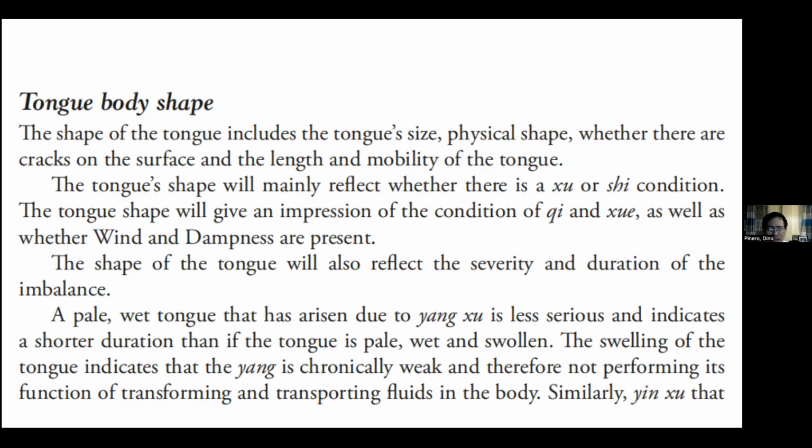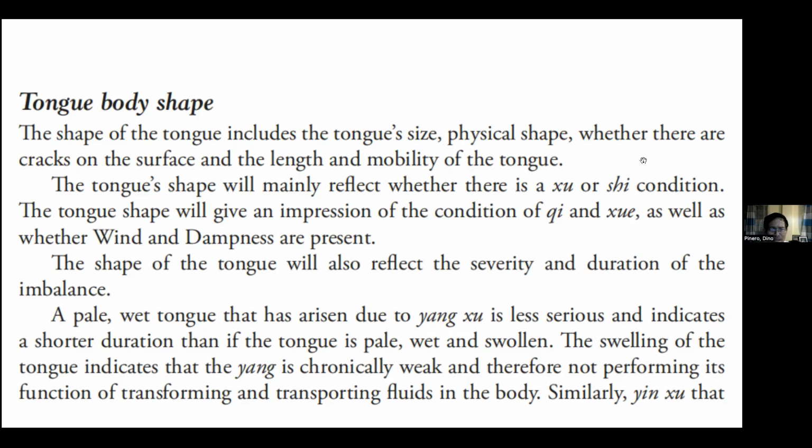The tongue shape will mainly reflect whether there is deficiency or excess condition. The tongue shape will give an impression of the condition of qi and blood, as well as the wind and dampness present. The shape of the tongue will also reflect the severity and duration of the imbalance.